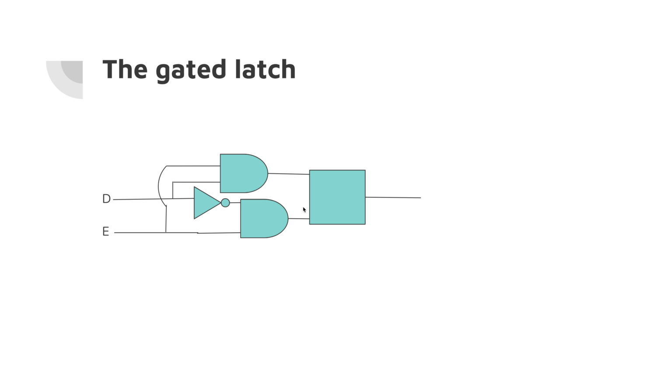But having 2 wires for input is actually confusing. So the gated latch is basically an add-on to the AND OR latch. So use a NOT gate and 2 AND gates to be the set and reset for the AND OR latch, also known as an SR latch.